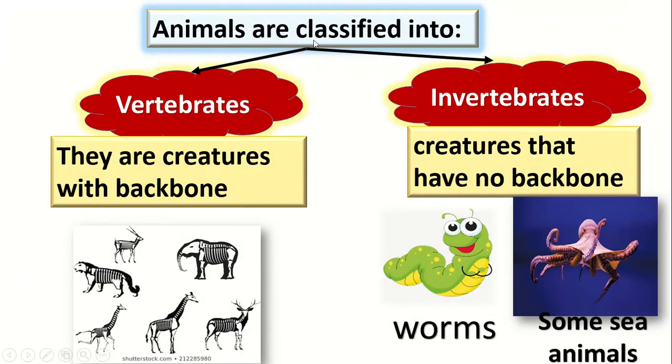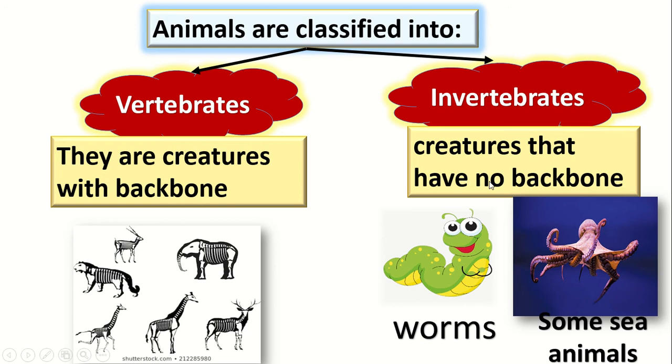So animals are classified into two groups, vertebrates and invertebrates. Vertebrates are creatures with a backbone, like humans, animals, and fishes. Repeat after me, vertebrates. What about the invertebrates? The invertebrates are creatures that have no backbone.